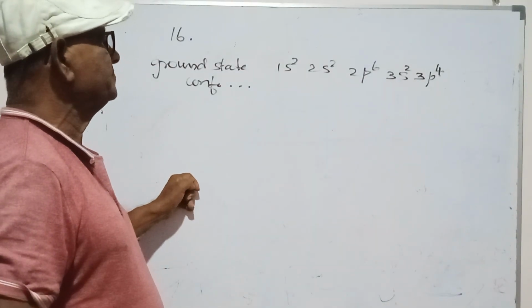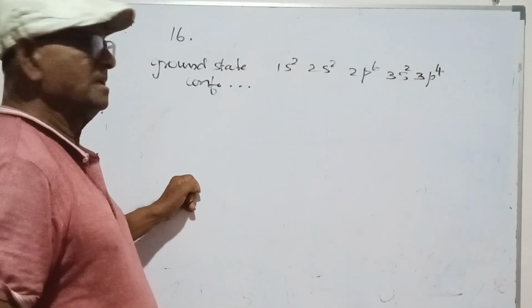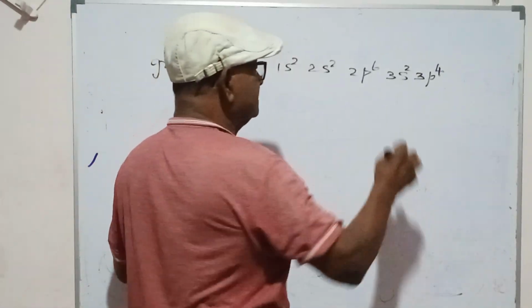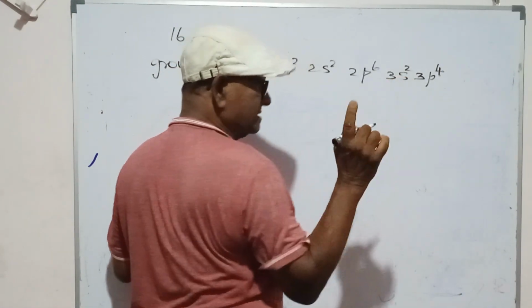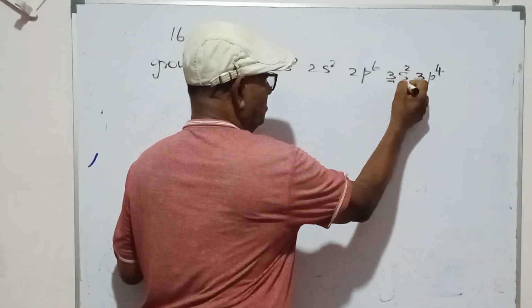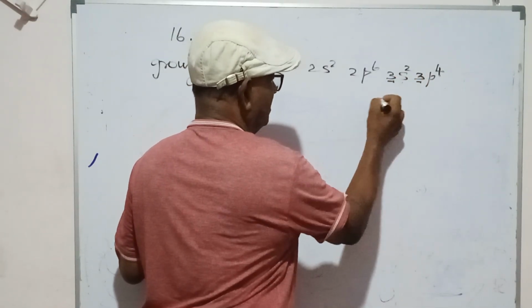Altogether 16 electrons. The outermost energy level is the third. 3s2, 3p4.